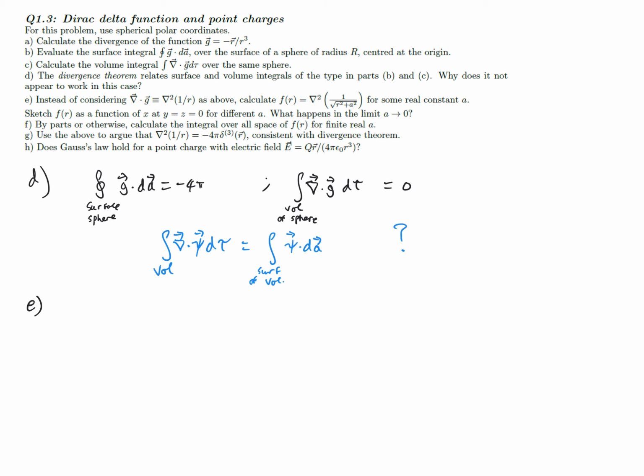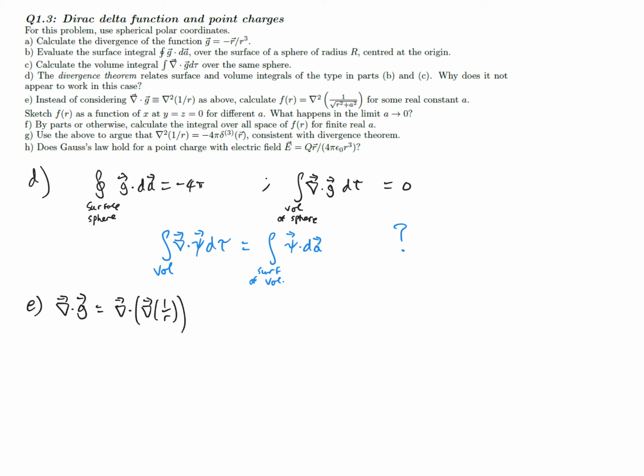It says, instead of considering the divergence of g, which is actually equivalent to the Laplacian of 1 over r. Why is that, actually, before we get going? The divergence of g is equal to the divergence of, and then by question 2d part 3, we know that this itself can be written as the gradient of 1 over r.